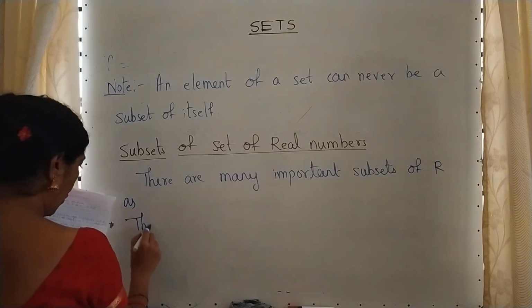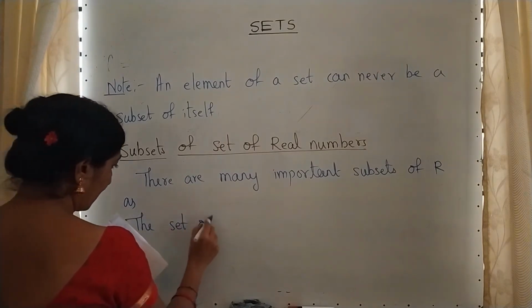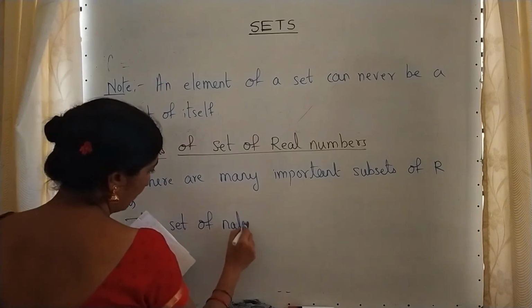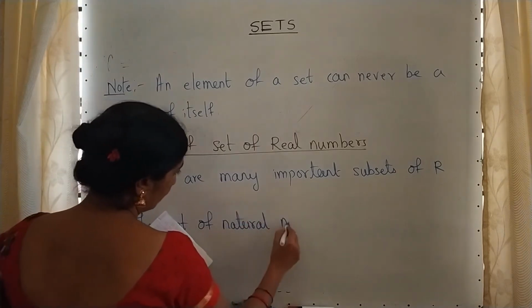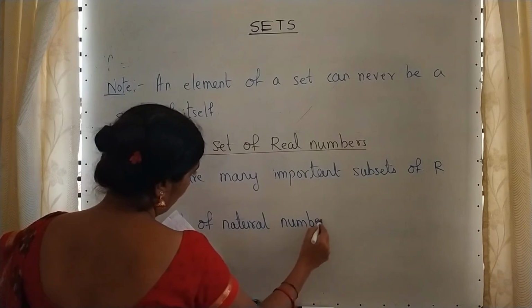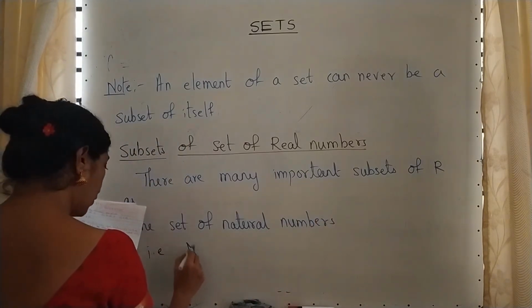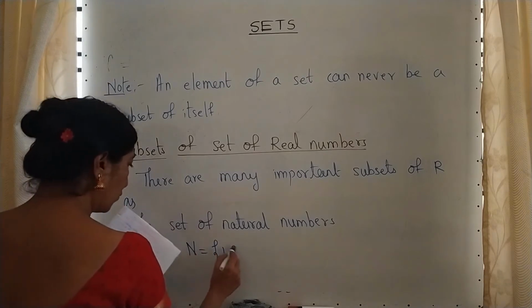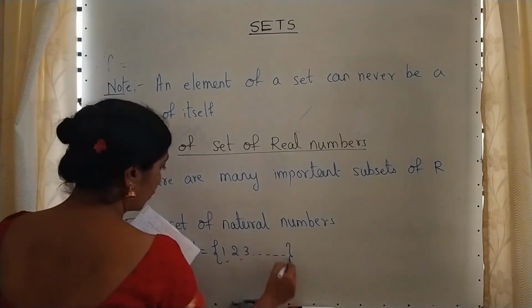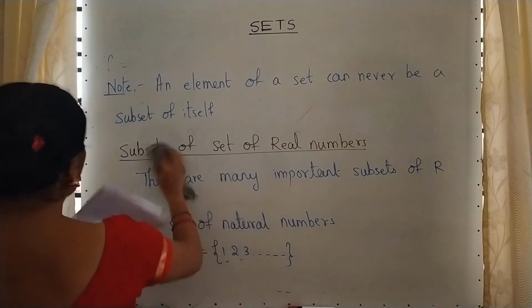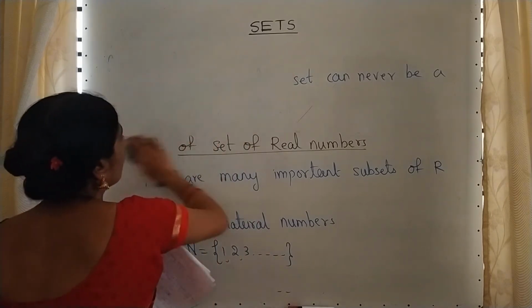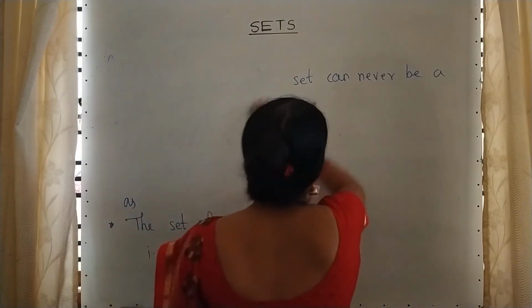The set of natural numbers. Yes, already you are familiar. We are denoting it by N and it starts with 1. It contains only the positive numbers. The next one, the set of integers.